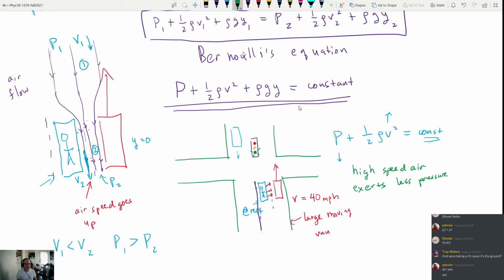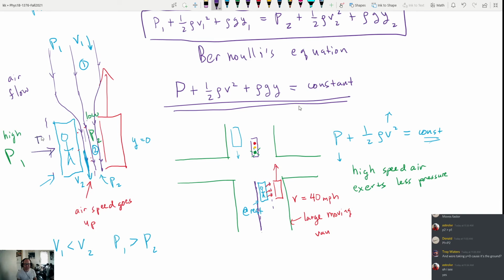And so now you have a scenario where the pressure out here is P1, right? The pressure in here is P2, but pressure 2 is less than pressure 1, right? So what does that mean? That means that there's effectively almost like a vacuum in here, right? There's not really a vacuum, it's just a lower pressure area. And so if you have high pressure out here and low pressure on the inside, then you're going to feel a force, right?